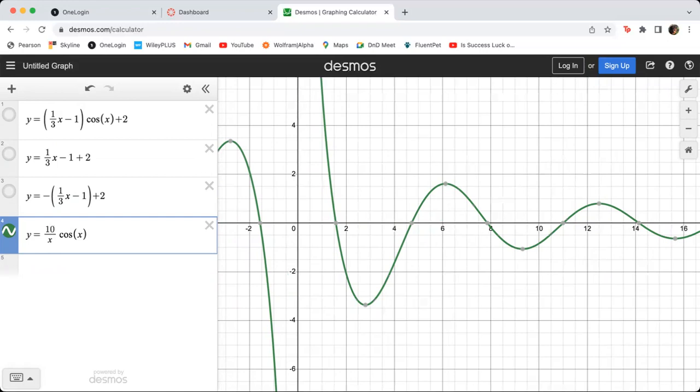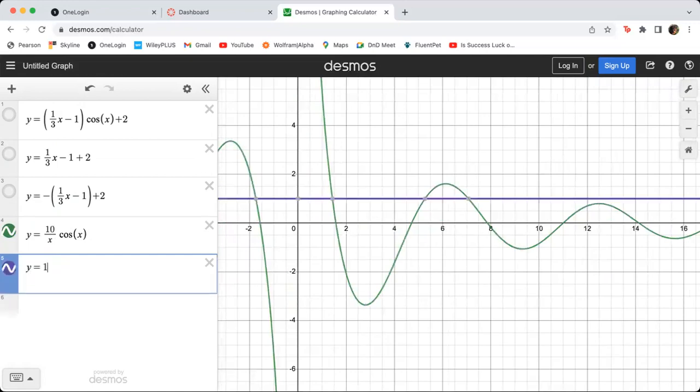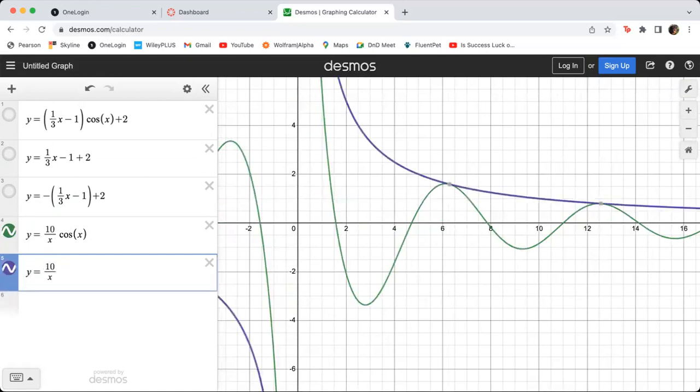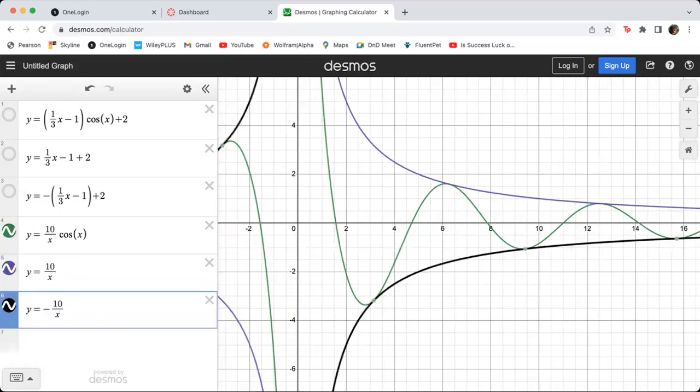Now what we can see is that in the long run, we're getting this cosine behavior up and down and up and down. But instead of having a fixed amplitude where the top is always at 1, the bottom is always at -1, or 10 or -10 in this case, the top is at 10 over x and the bottom is at -10 over x.